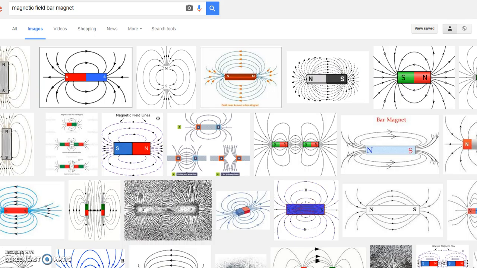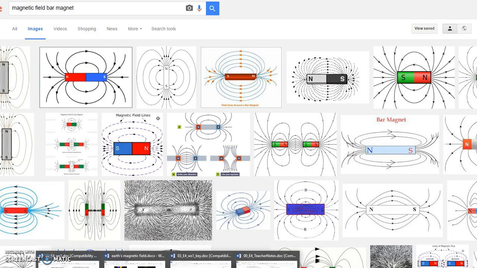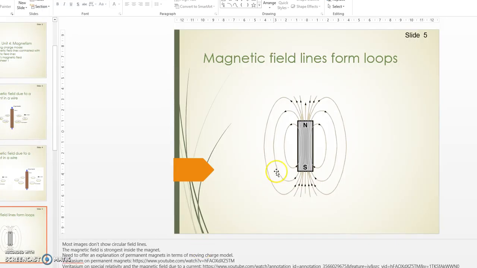And that's a major misconception that students can get if we're not aware of it. So I've just selected one that does show that the magnetic field lines are closed loops, consistent with what they have just discovered in relation to the field created by a current flowing through a wire.